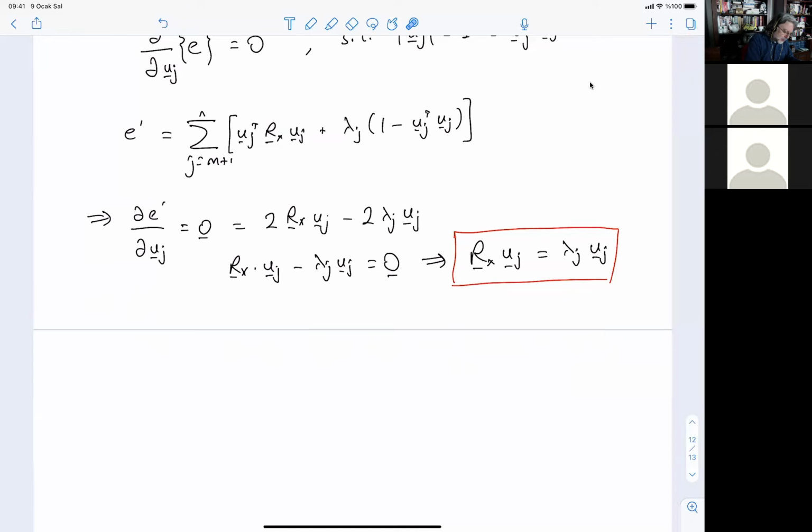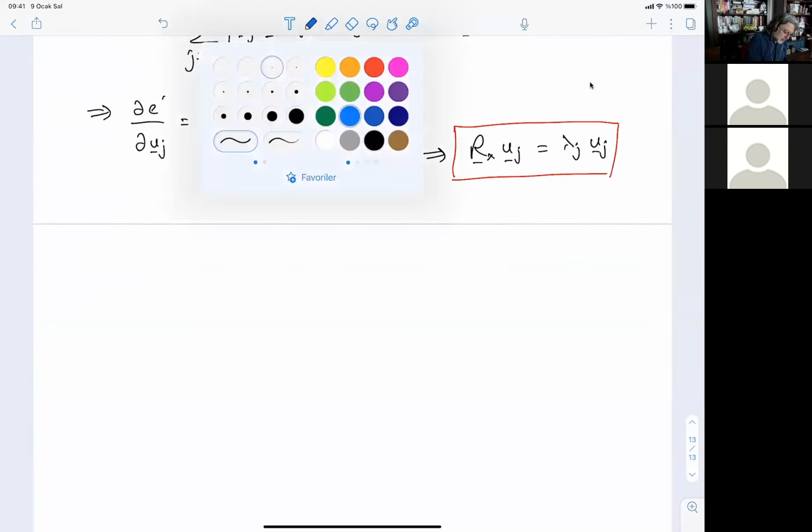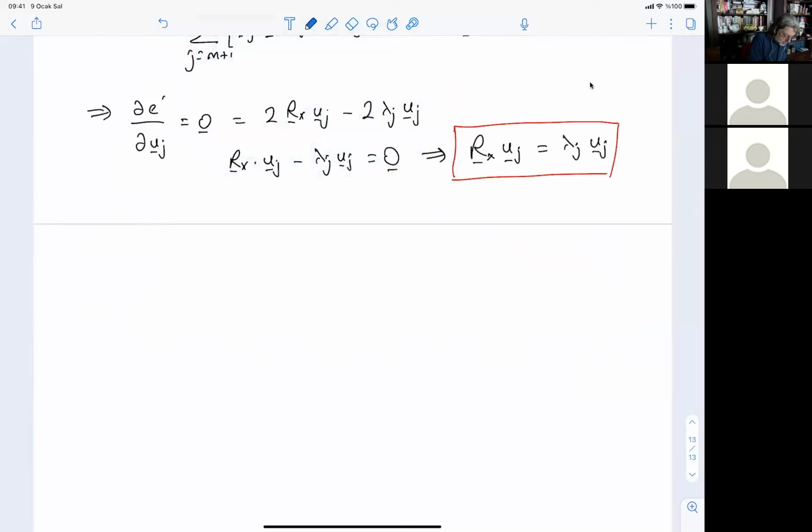For that, you must go back several years in your undergraduate courses to the linear algebra course, where we were dealing with equations like A times x is equal to lambda times x. So what is x? It's the same equation, by the way. But we were given the answer in linear algebra in a different way.